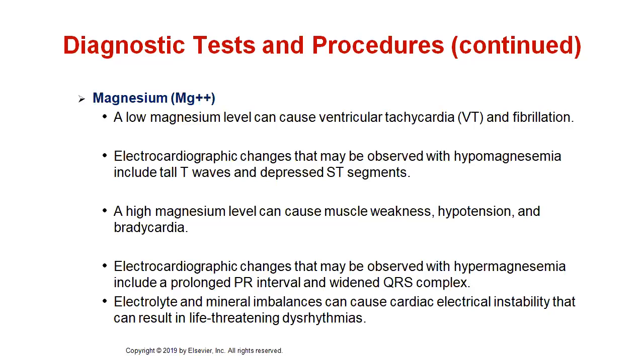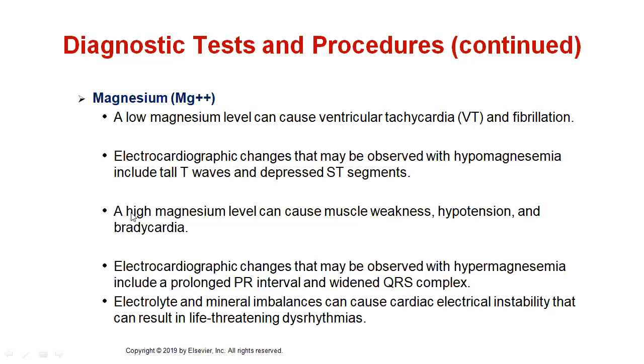This is called neuromuscular depression or cardiac muscle depression or arrhythmias. So increased magnesium level can cause central nervous system depression, lethargy, hypotension, and bradycardia.